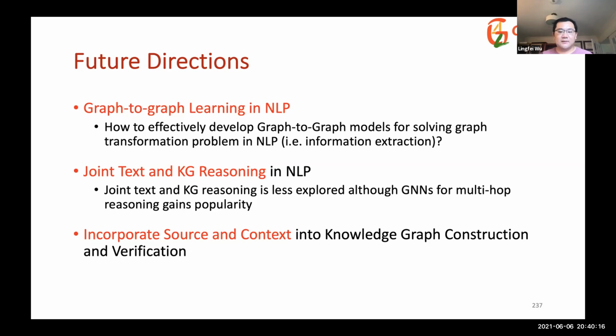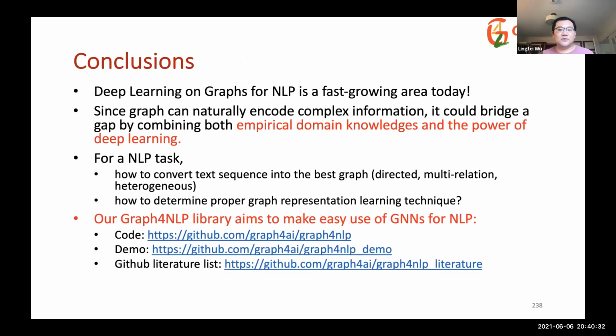In knowledge graph construction, we have been thinking about how to incorporate the source and the context information together to do logic graph construction and verification. It's also very interesting, at least in the IE domain. To conclude this tutorial, as you can see, deep learning on graphs for NLP is a fast growing area today.